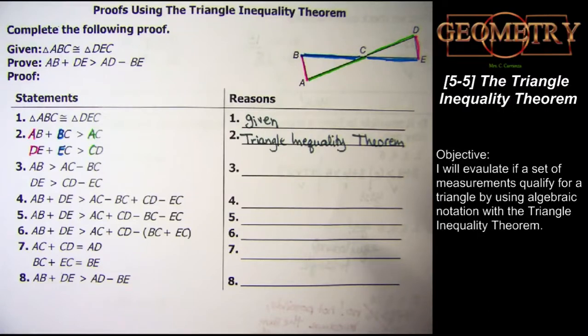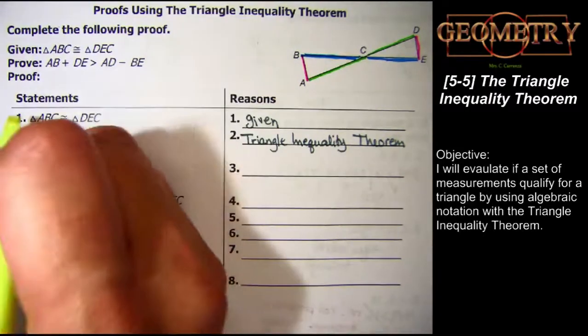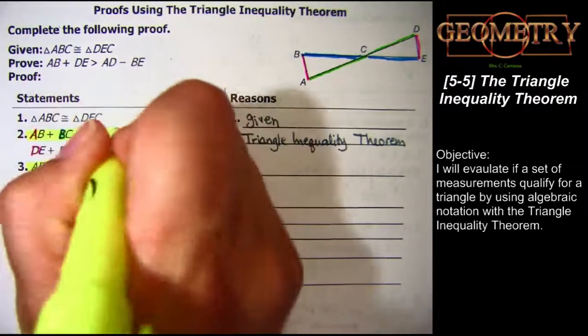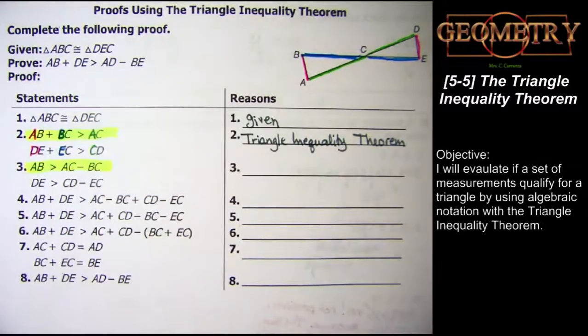The triangle inequality theorem doesn't state subtraction, it states addition. AB, AC, BC, that looks a lot like this statement. So how are those two related? How could I go from statement 2 to statement 3? You just flip them around.